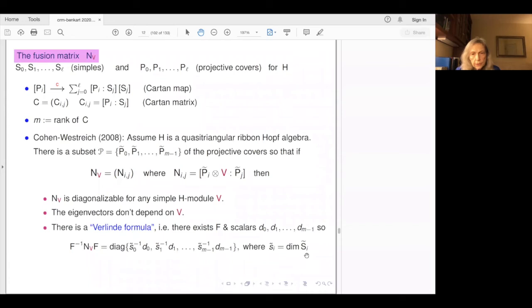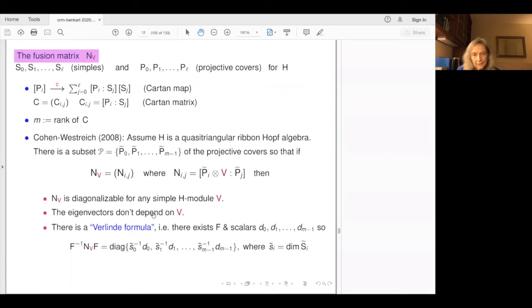So these are the dimensions of the simple modules that are connected to this select list of projective covers. Or another way you could think about this is that if you move this F inverse to the right-hand side, just multiply through on the left by F, then this F is giving you the eigenvectors. And it doesn't matter which V you choose because it doesn't depend on V. So choose something simple.